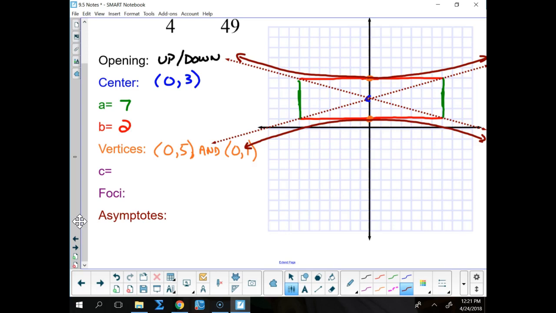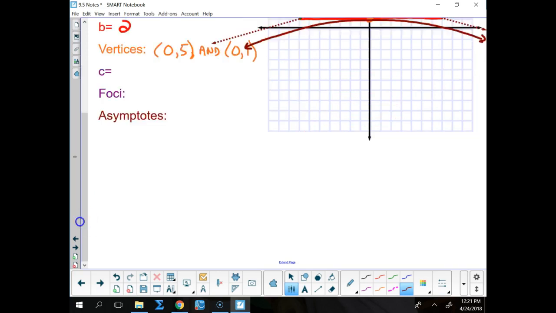What's on the line? The center's on the y-axis. That's going to be the y-intercept for both of those, right? Okay. So what are the two slopes of my asymptotes? Plus or minus 2/7.